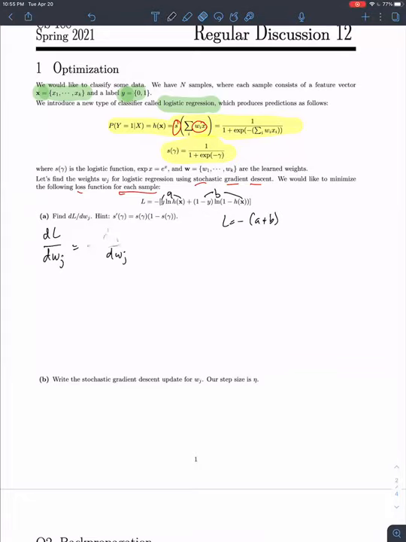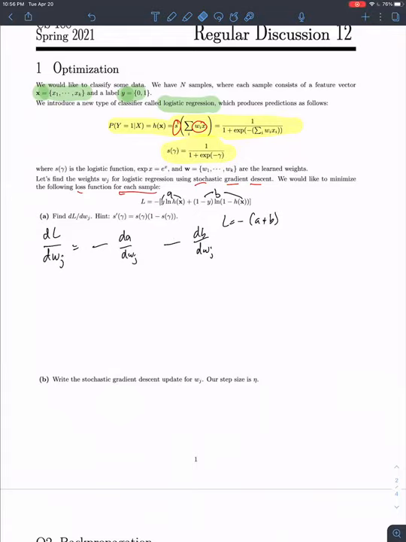Actually, I'll make it even simpler. It's dL dA times dA dwj plus dL dB times dB dwj. And dL dA is just minus 1, so it is minus dA dwj minus dB dwj.